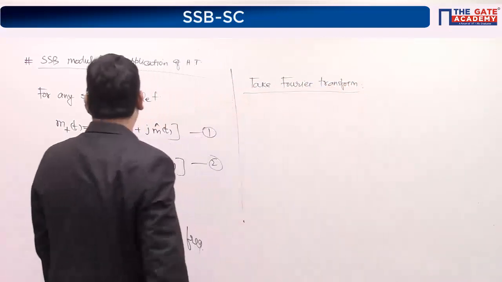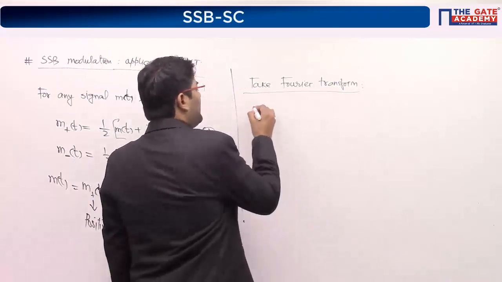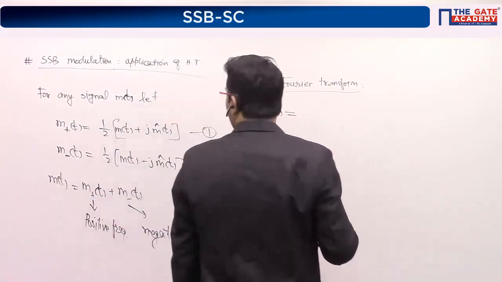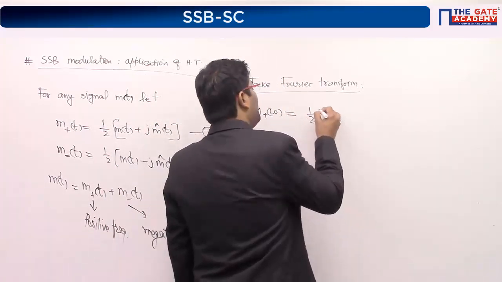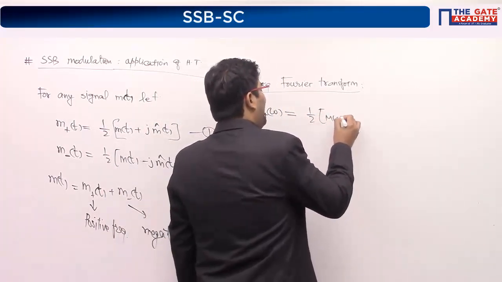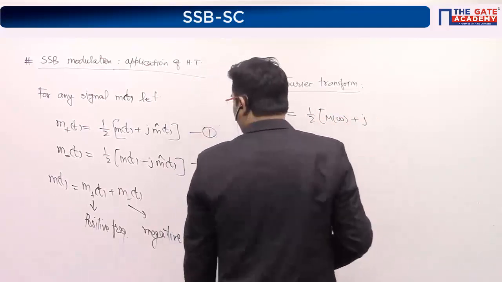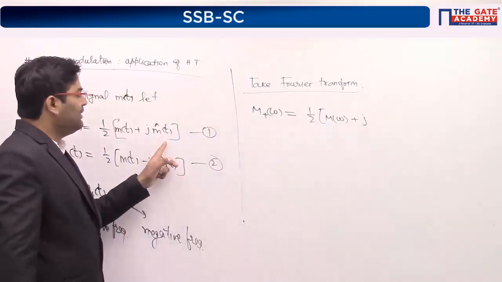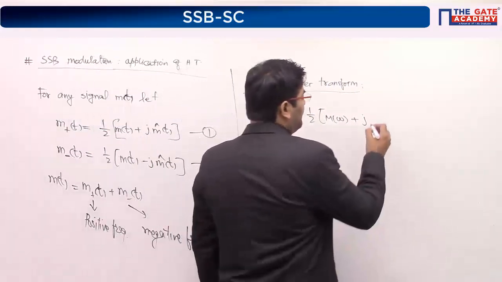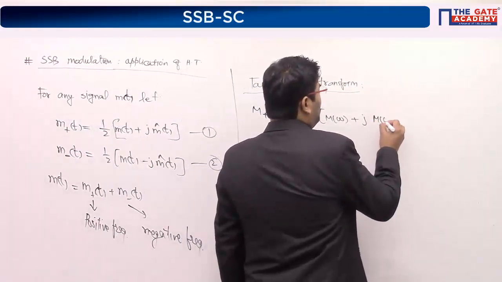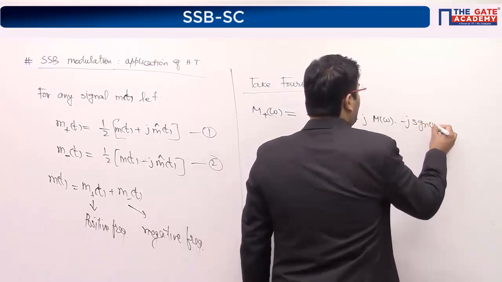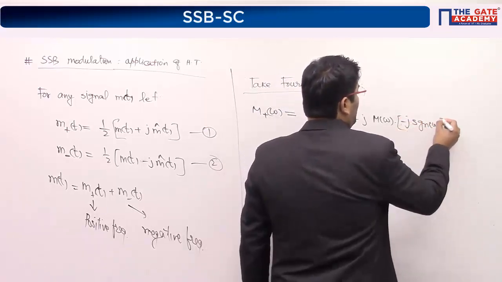So what will happen? It will become m plus omega equal to half m of omega plus j times the Fourier transform of m hat t. And what is that? It is m omega times minus j signum omega.